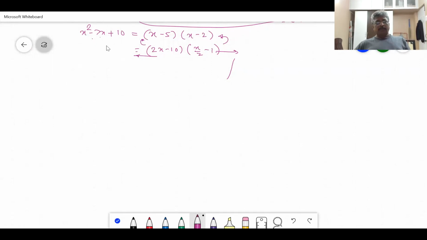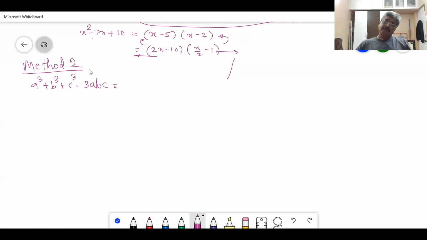Okay, so it is like this. a cube plus b cube plus c cube minus 3abc. And this method 2, which I am saying, will always work. Brute force. Factorize means start factorizing.